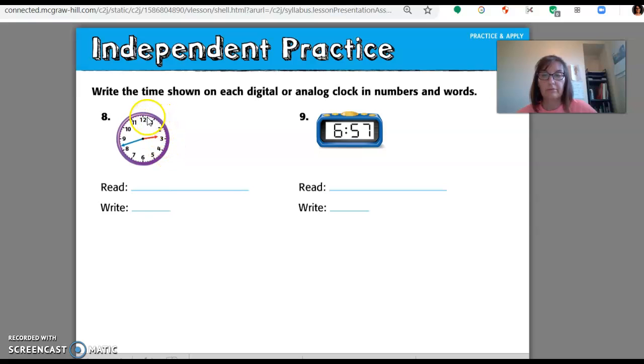Then we're going to count by 5. 5, 10, 15, 20, 25, 30, 35, 40, and now go by ones, 41, 42. So our time is 2:42. In words, 2:42, and in numbers, 2:42.